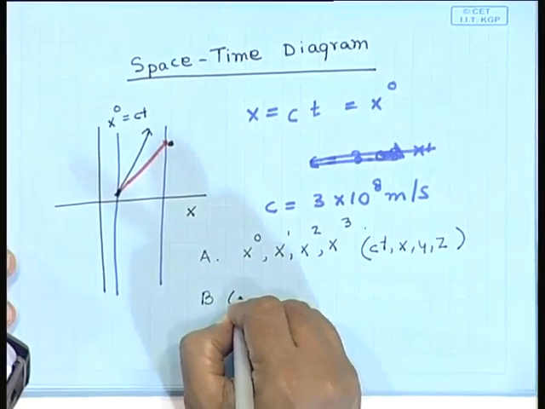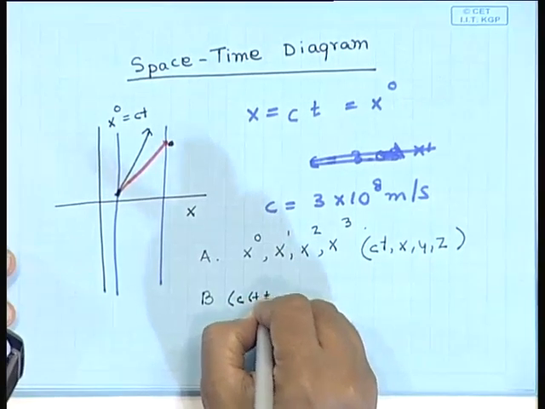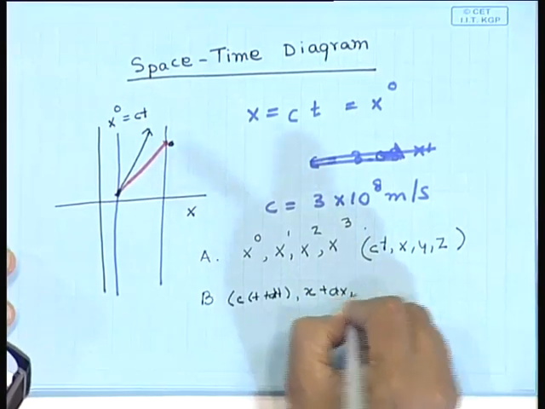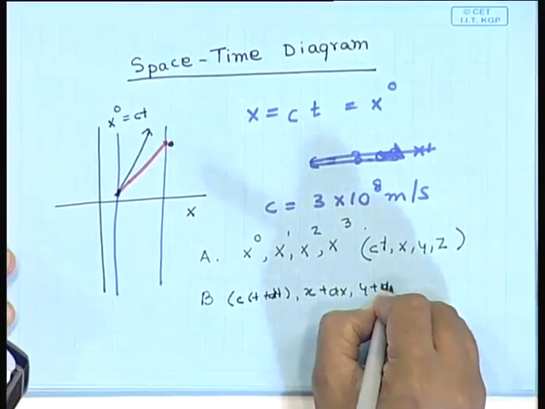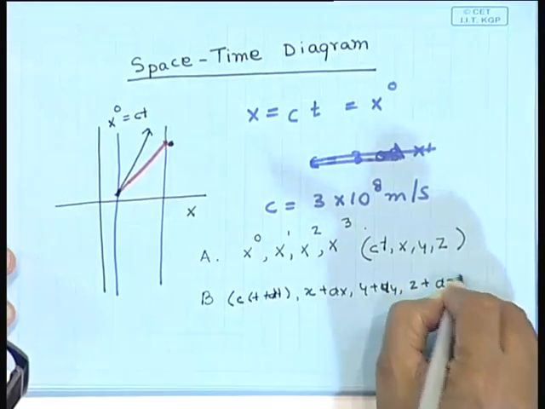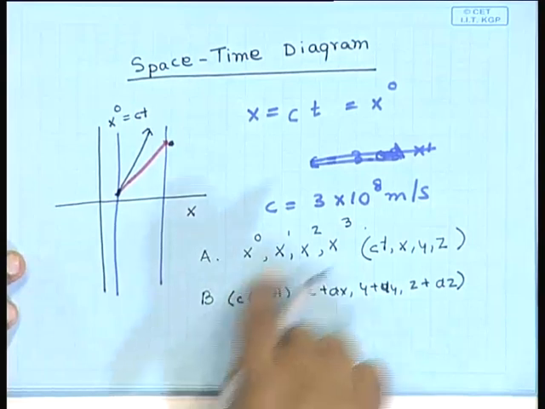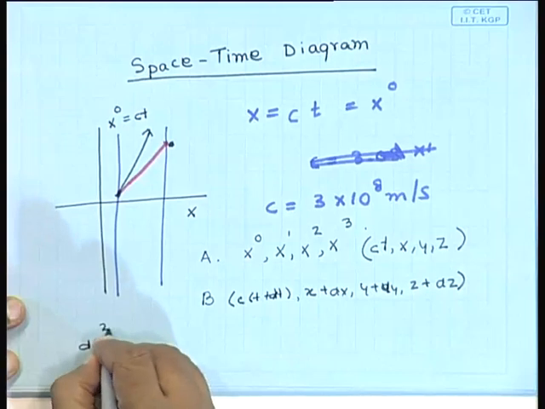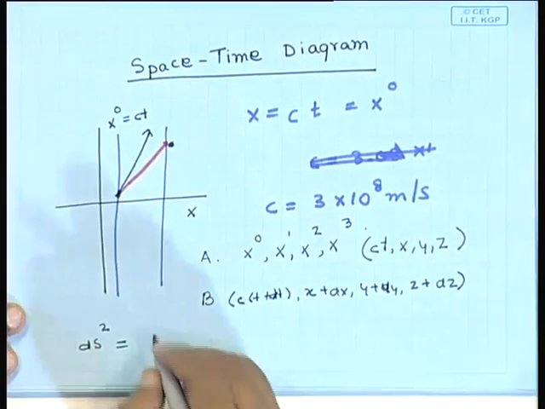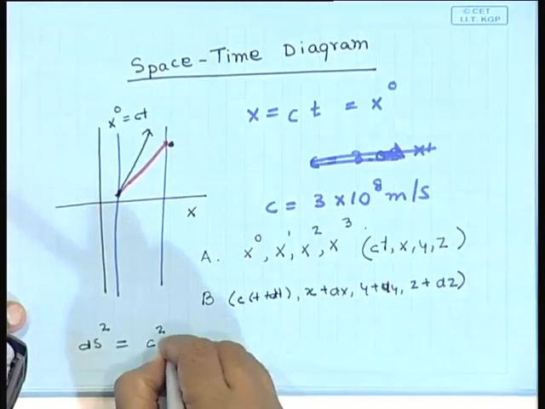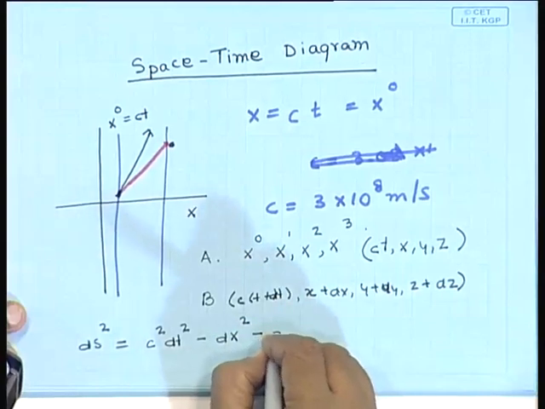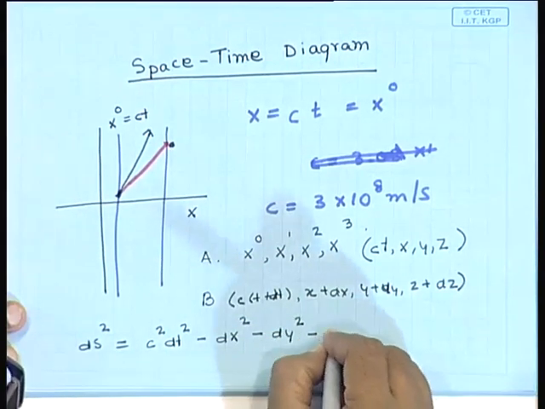So, the second event B has coordinates ct plus dt, x plus dx, y plus dy, z plus dz. Now, between these two events, we define the interval ds square. For these two infinitesimally close events, we define the interval ds square as c square dt square minus dx square minus dy square minus dz square.